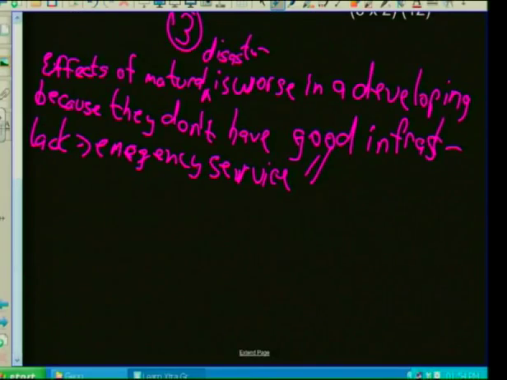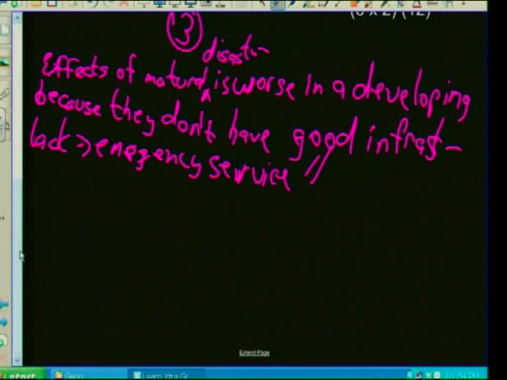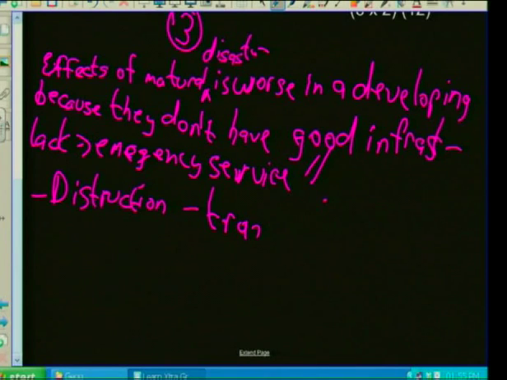Then we could go on, and maybe I just want to go up first again, is looking at the economy of the country. It would affect all the economies of the countries. Because here we could talk about, and I'm just going to put it in point form now, but you remember, you put it in sentences, a full stop, and you continue in that sentence. In terms of the economy, destruction to infrastructure would lead to a disruption in distribution and transportation of goods, etc. So transportation problem, which would affect the economy.